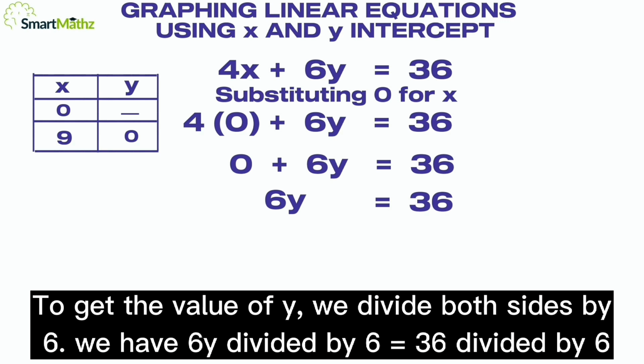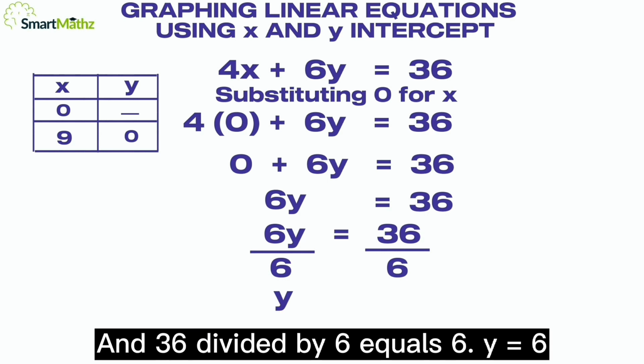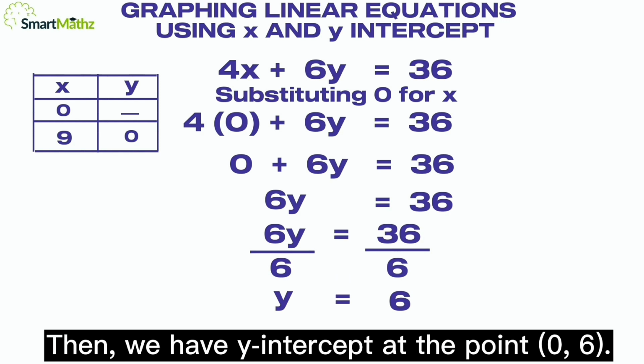To get the value of y, we divide both sides by 6. We have 6y divided by 6 equals 36 divided by 6. 6y divided by 6 is y, and 36 divided by 6 equals 6. Y equals 6. Then, we have y-intercept at the point 0, 6.